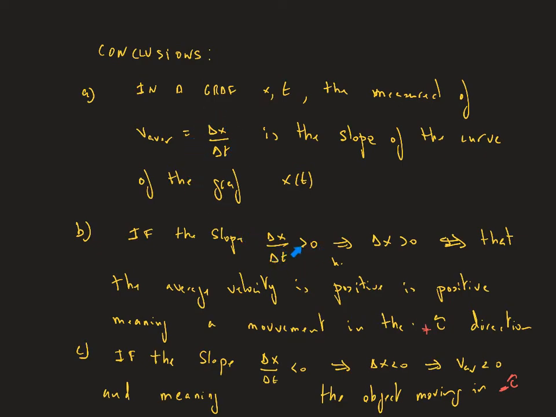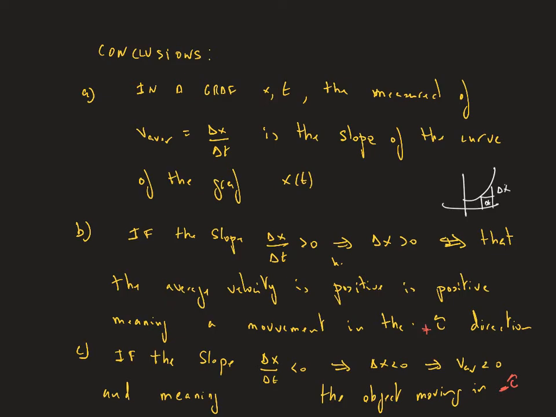So the slope can be positive only if delta x is positive, because delta t is always positive. And in this case, if delta x divided by delta t is positive, it's because the curve x of t is increasing, so delta x divided by delta t will be positive.